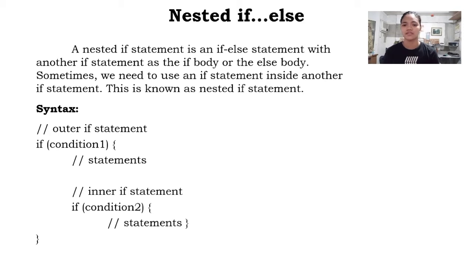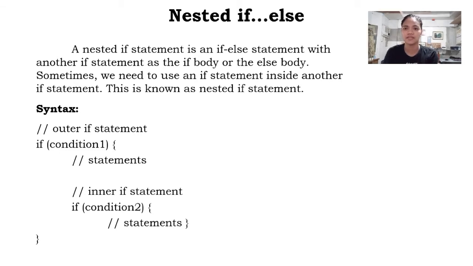Its syntax is: there is a first outer if statement, and inside it there's another if statement. We can add else and else if statements to the inner if statement as required. The inner if statement can also be inserted inside the outer else or else if statements if they exist. We can nest multiple layers of if statements.